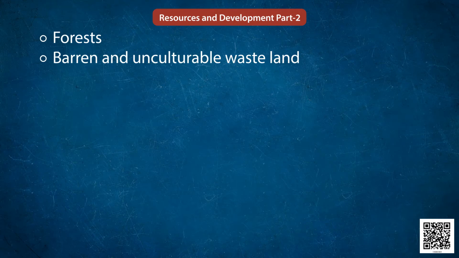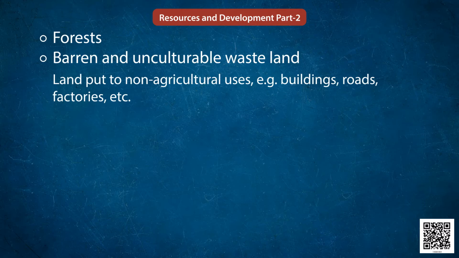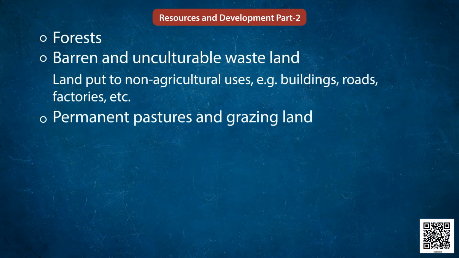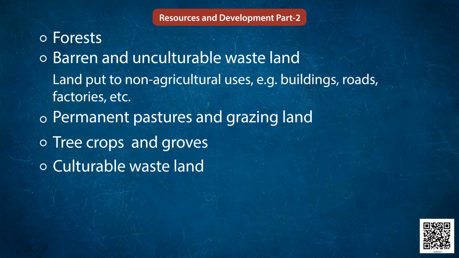It includes the land which is either not fit for cultivation or the land that has been put to non-agricultural uses, for example, buildings, roads, factories, etc. Then you can see in the diagram that there is area under non-agricultural uses, permanent pastures and grazing land, area under tree crops and groves, culturable wasteland.